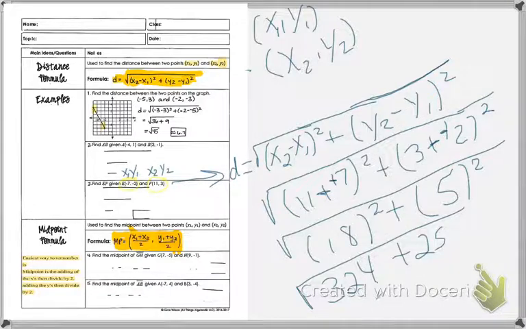So this becomes the square root of 349. Let's see if I have square root of 349, and it's going to give me a decimal. 18 point, let's round to the nearest tenth.